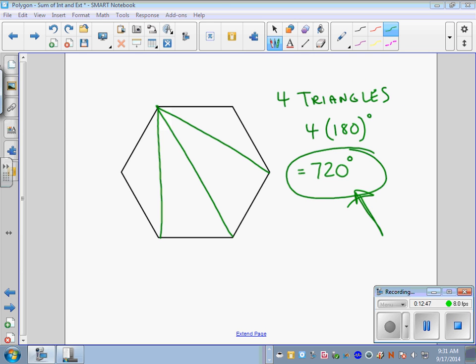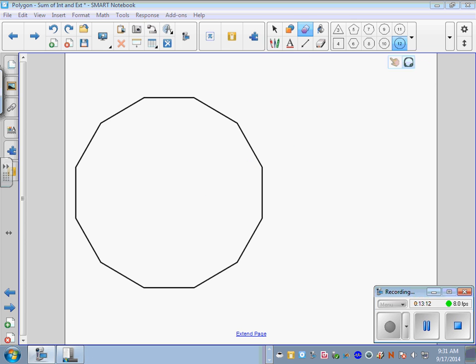On the next one I did, this was a 6-sided figure called a hexagon, and it had 4 triangles, 2 less. So I'm starting to see a pattern that if I take the number of sides and subtract 2, that will tell me how many triangles are in it.